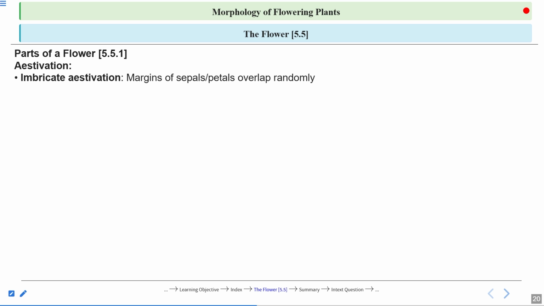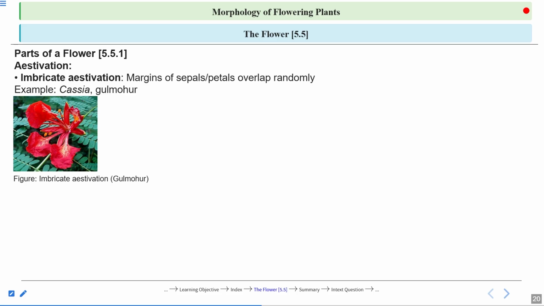So they do not have any proper systematic overlapping. Random overlapping is there. Imbricate estivation. Examples: cassia and gulmohar. Cassia fistula, the yellow flower in groups, an inflorescence. And this is the gulmohar flower, right? They show this imbricate type of estivation.